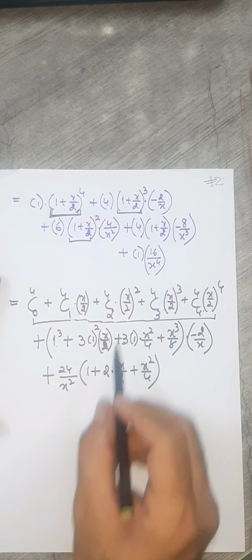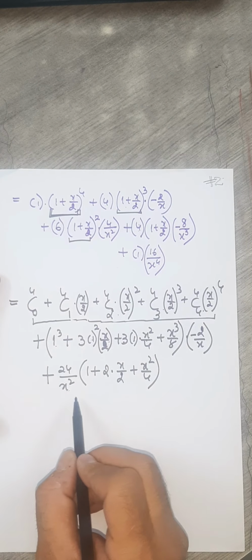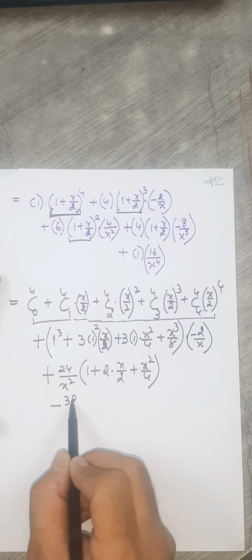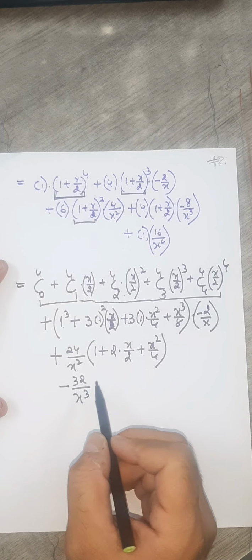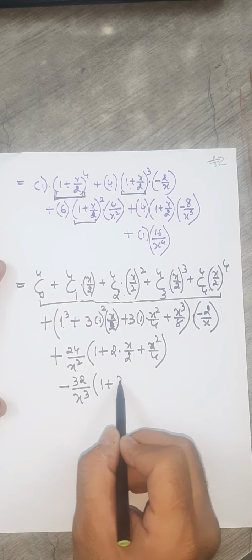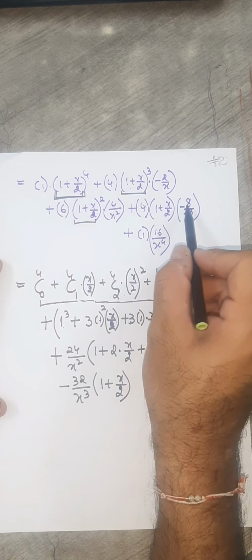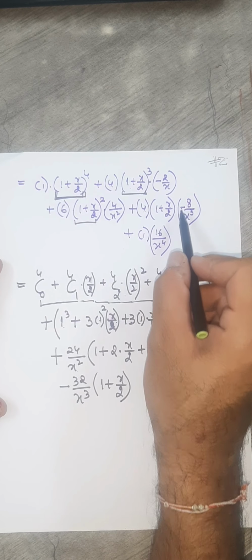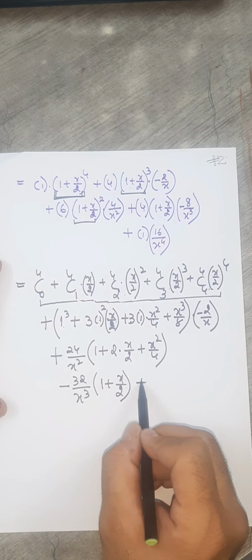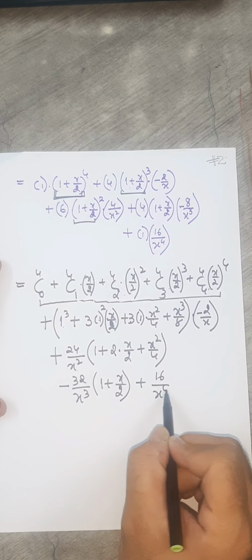Here 8 4s are 32 with minus sign. So minus 32 by x cube into 1 plus x by 2 as it is. 8 4s are 32 with minus sign by x cube, 1 plus x, plus here 16 by x raised to 4.